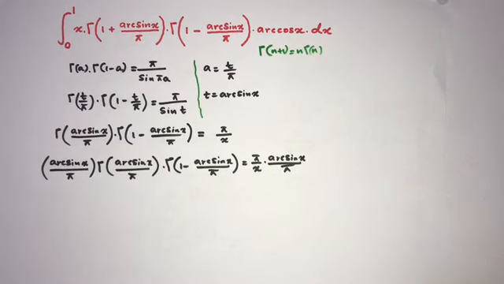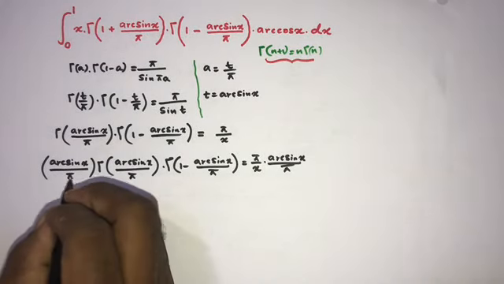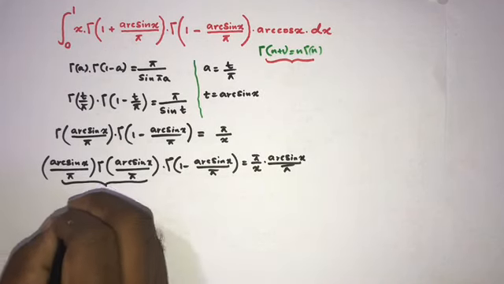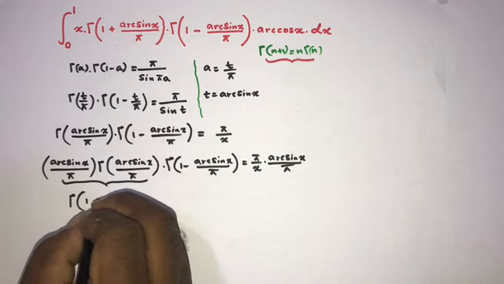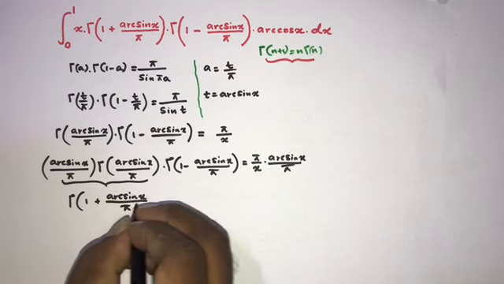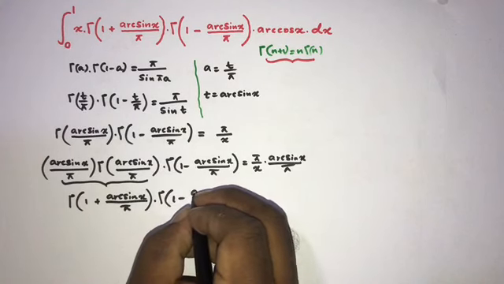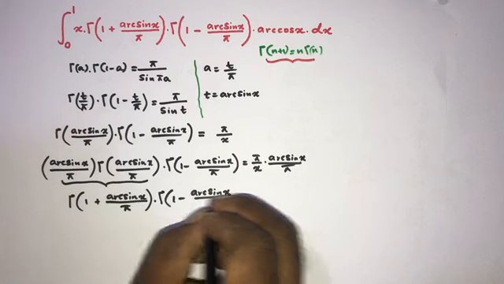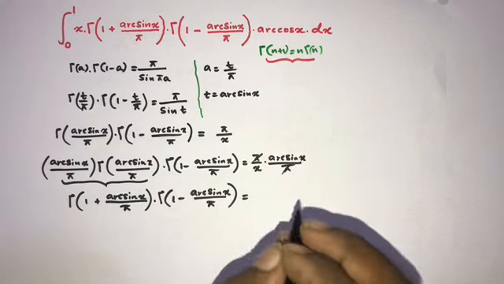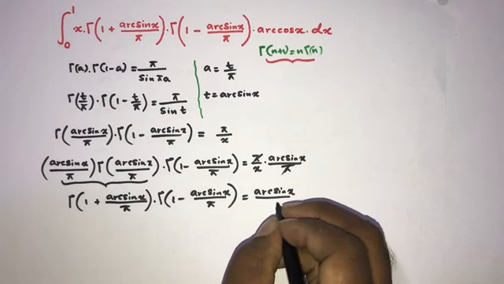Now according to this formula, we can write this as gamma of 1 plus arc sine of x over pi times gamma of 1 minus arc sine of x over pi, which is equal to, now pi gets cancelled, arc sine of x over x.